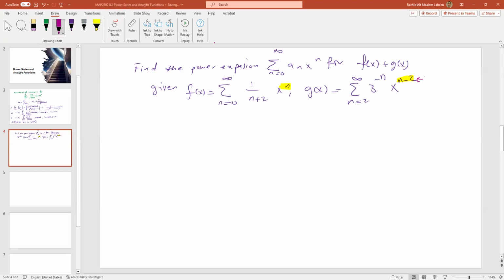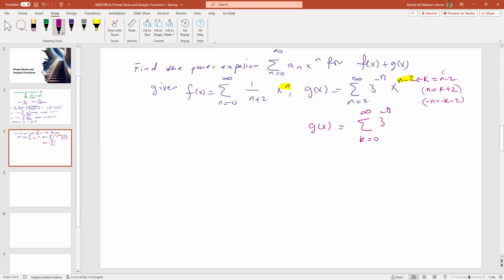So the easy way is to introduce a new variable, k equal n minus 2, and that makes n equal k plus 2. So now if n is 2 here, then k is 0. Then n is k plus 2, so negative n will be negative k minus 2.